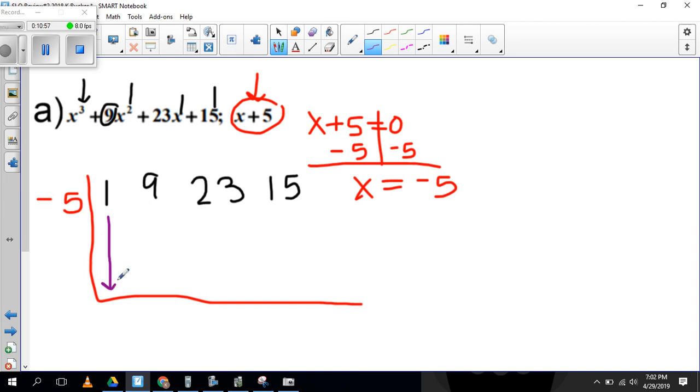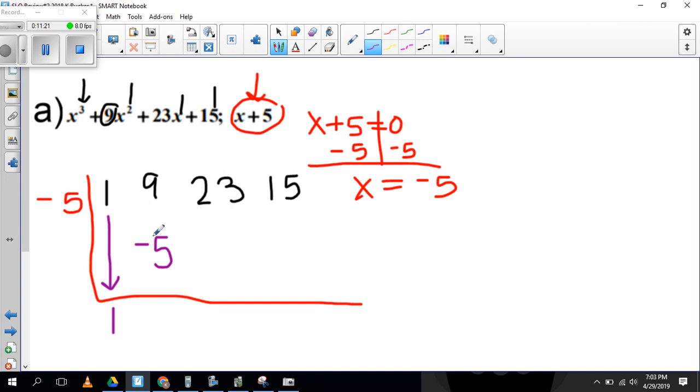So we bring down the 1. Now we're going to multiply. So 1 times negative 5. So we bring down, multiply. So 1 times negative 5, and it goes here in the next one, negative 5. And then we're going to drop our answer down.